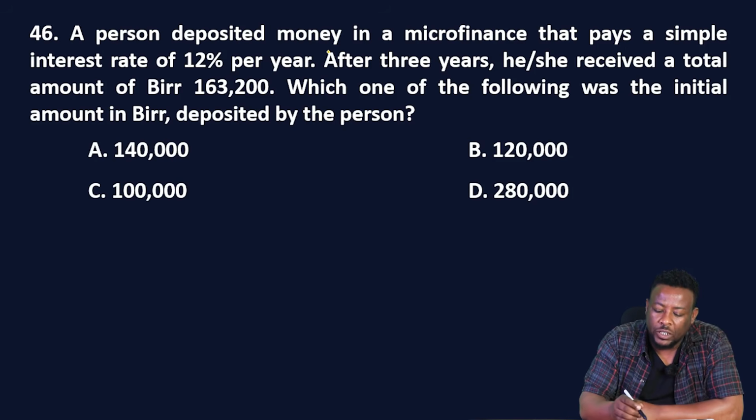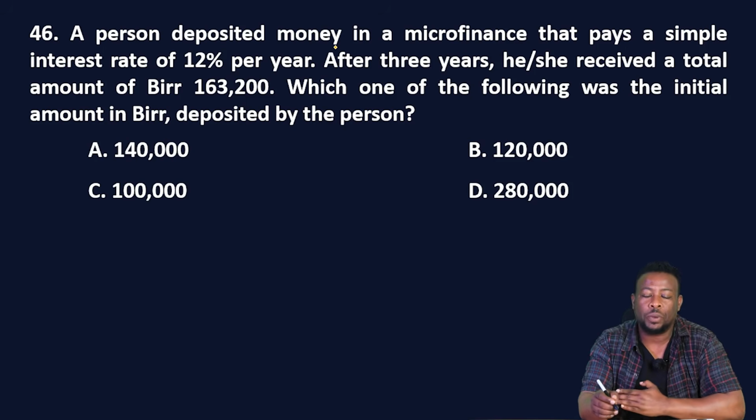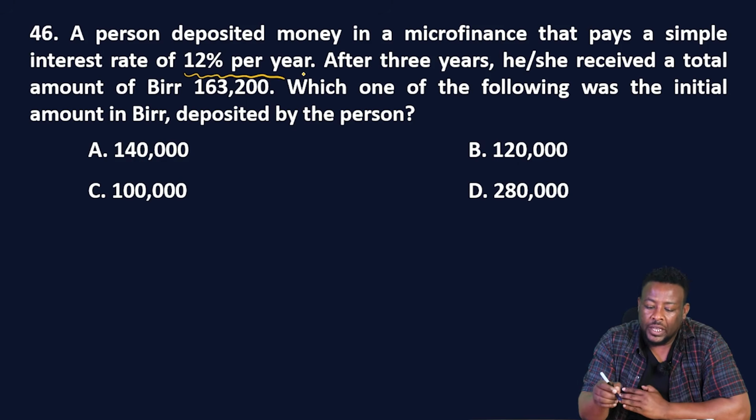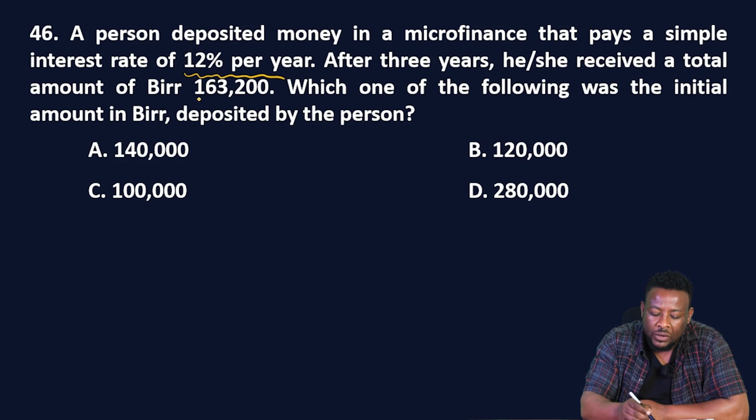ወደ 46ኛው ጥያቄ ጋር ስንመጣ a person deposited money in a microfinance that pays a simple interest rate of 12% per year. After 3 years, he or she received a total amount of BIR 163,200.